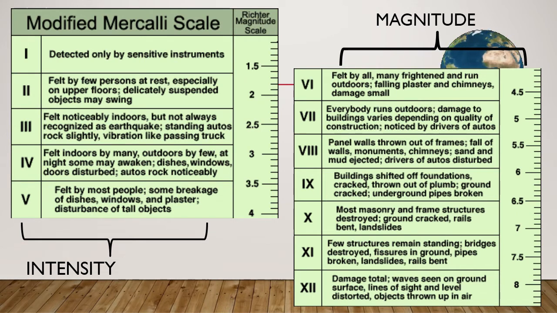While for magnitude, they are using Arabic numbers with decimal points. So you try to notice the difference between intensity and magnitude. Let's proceed to the next slide.